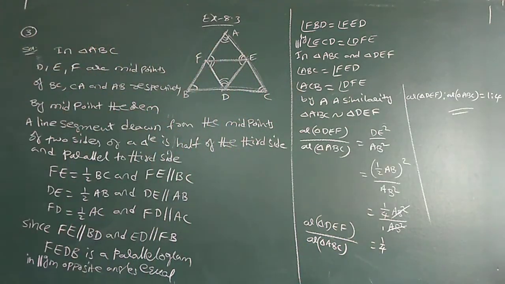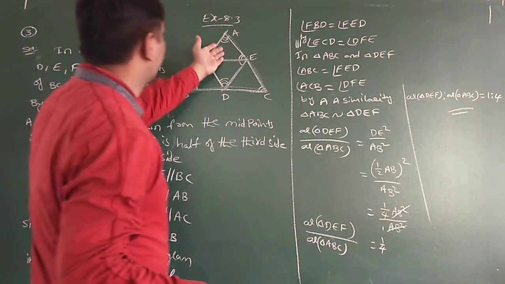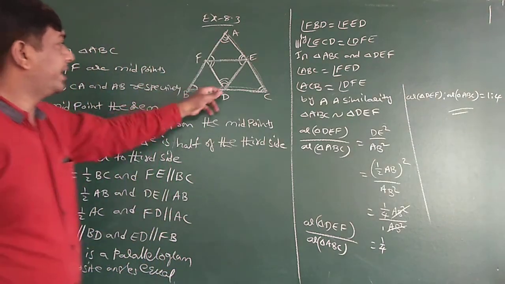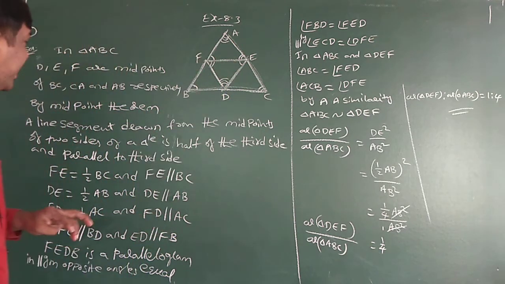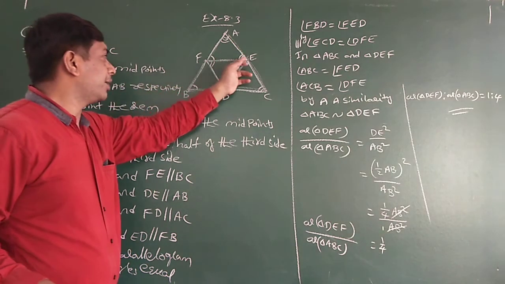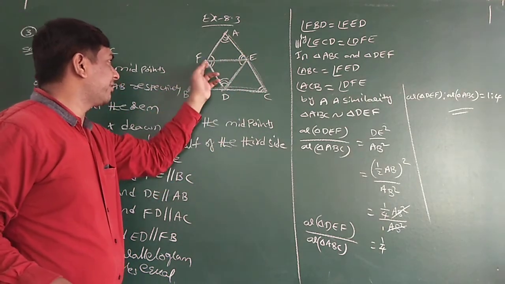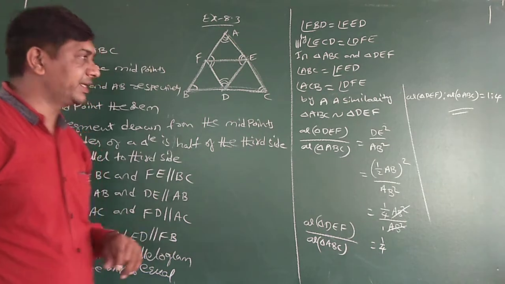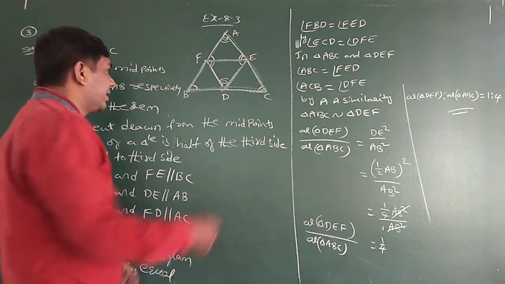Okay, please note down. Once again, I repeat that. See here, D, E, F are the midpoints of the triangle ABC. So, by the midpoint theorem, FE is parallel to BC and FE is half of BC.